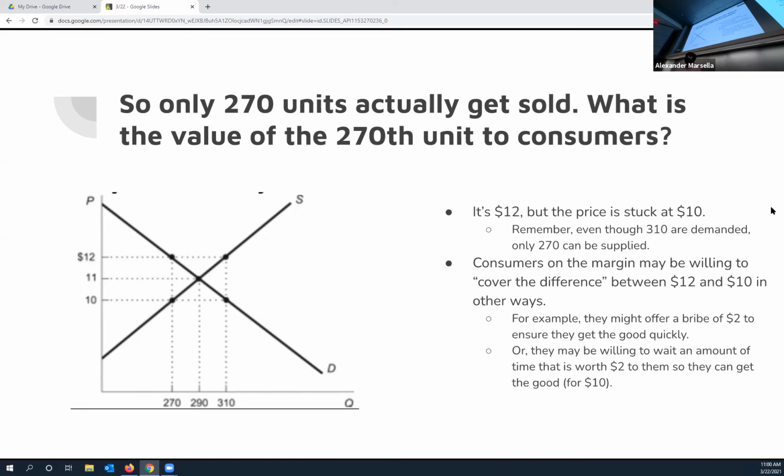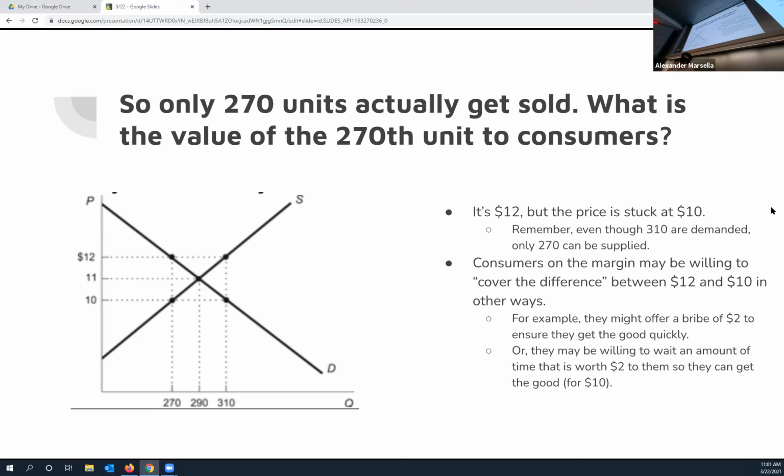So normally, if we set the price to 12, we'd sell the same amount as under the price ceiling. We'd sell 270 units if we set the price at $12. But the price ceiling just means that we're only willing to sell 270 units. So theoretically, the value of that 270th unit is $12, but people are paying 10 because of the ceiling.